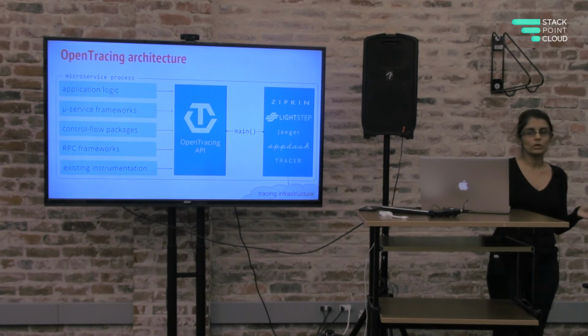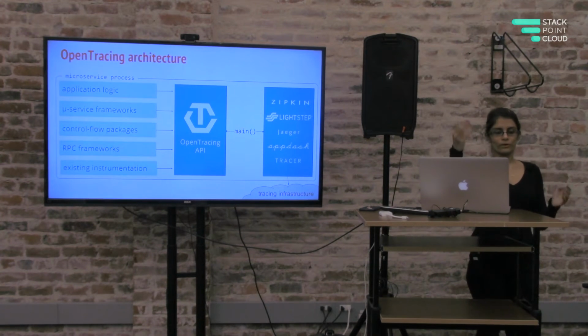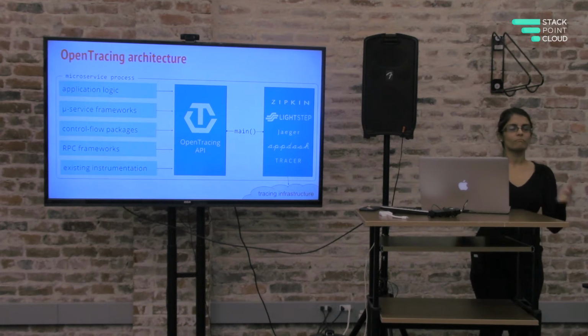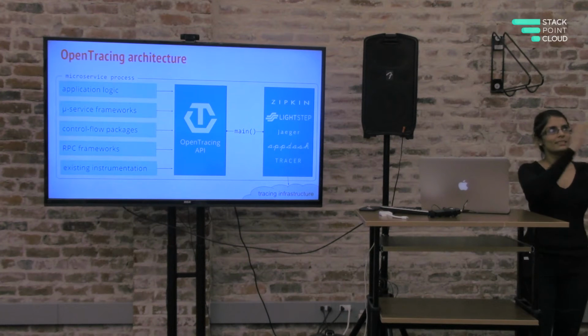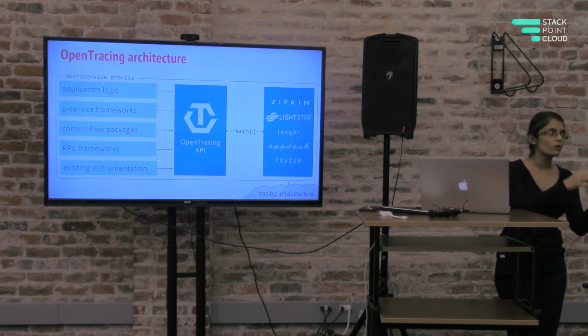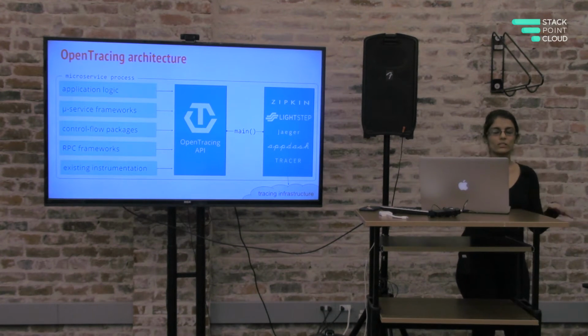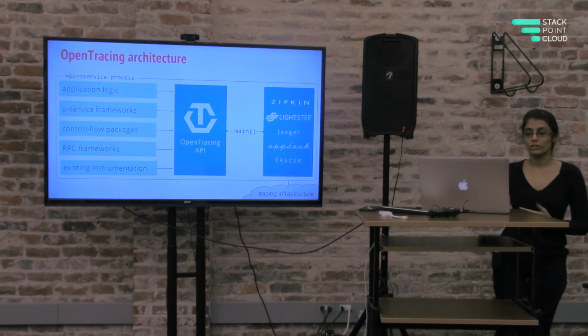It's a no-op. So when your service is instrumented with it, by itself, it's not going to do anything. It's literally just setting up the infrastructure for the tracing systems to be able to pull and collect the data and then analyze it on their end.